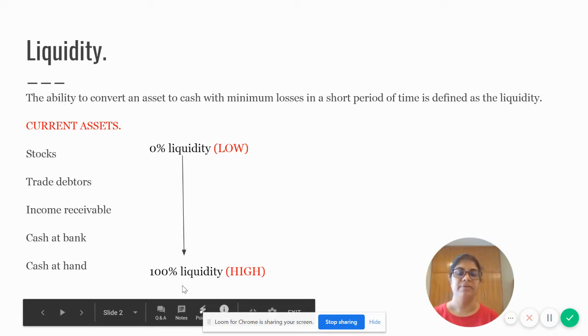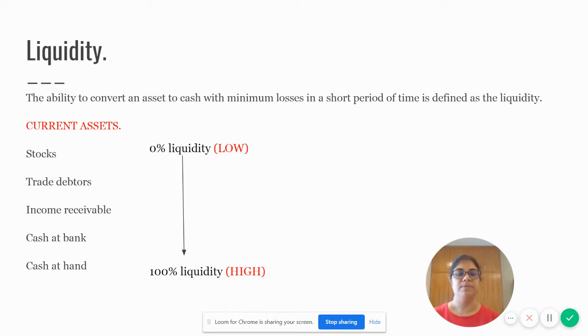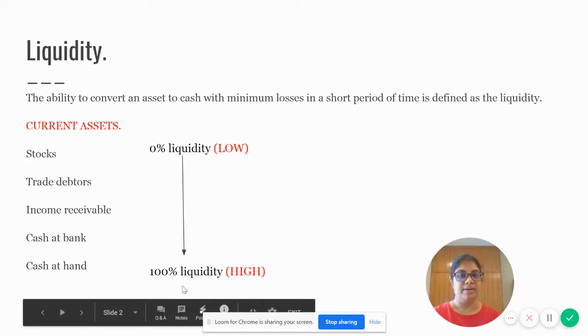So hereafter, when you are formatting the statement of financial position under current assets, when you list out the elements of current assets, you have to follow this liquidity method.